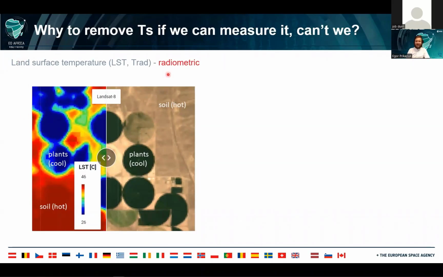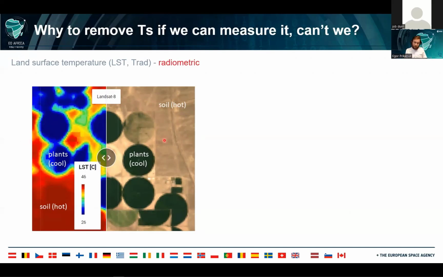Land surface temperature is the radiometric temperature. When I first heard about terms like radiometric and aerodynamic temperature, I thought, how many temperatures can we have? It's just on my thermometer. This is not on your thermometer. On your thermometer is aerodynamic temperature, and this temperature is radiometric.